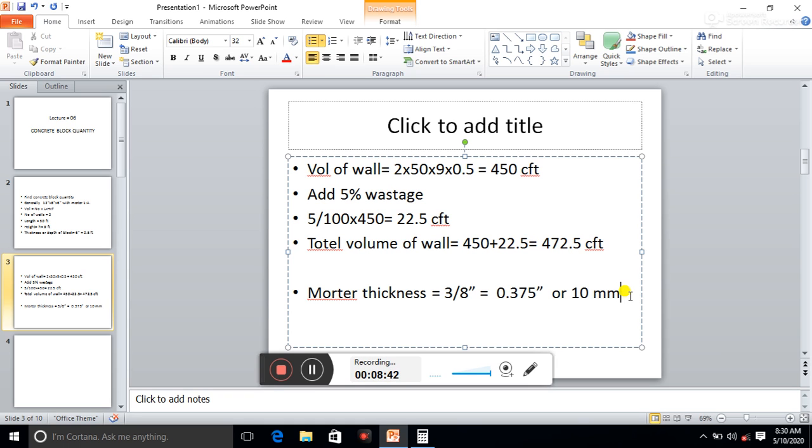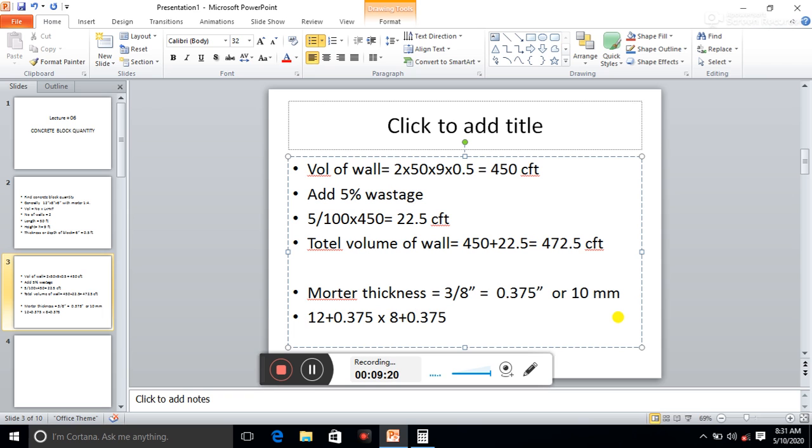We know the length of one block is 12 plus we will add 0.375, and multiply by breadth or width of one block, which is 8 inches, so 8 plus 0.375.